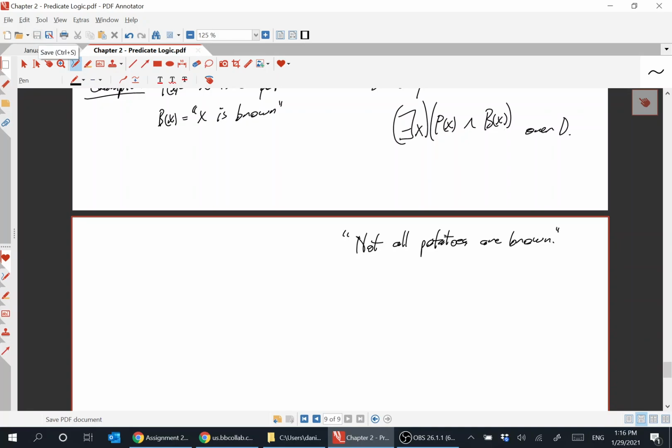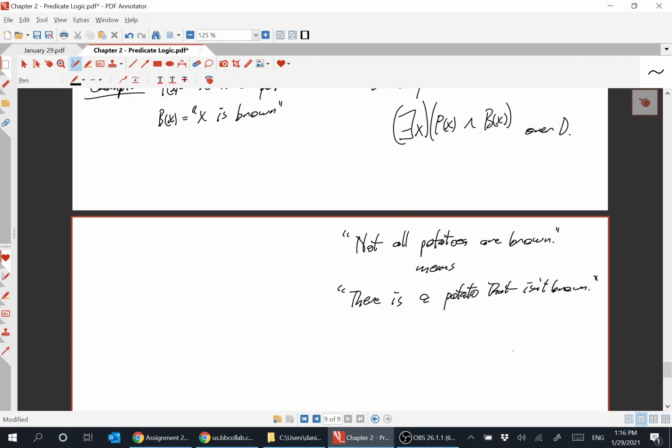Right? I mean, if I was to say not all horses are brown, that's true because there exists a horse of a different color. Not all is the same as exists. Negating all is there exists. So not all potatoes are brown means there is a potato that isn't brown.